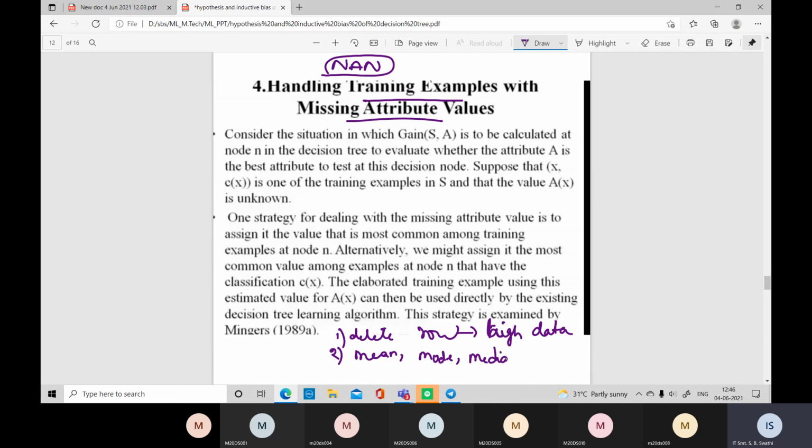Now, what is the difference between these three, students? Mean, mode, and median. Mean is an average value. For example, in the number of marks, we will calculate the mean value.